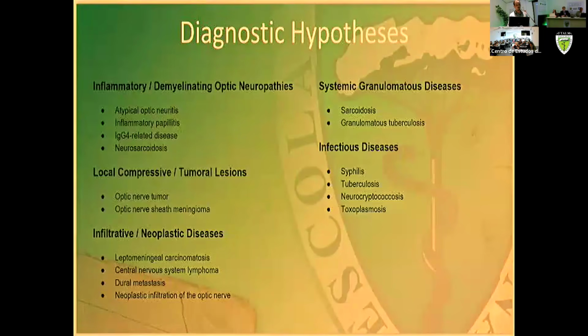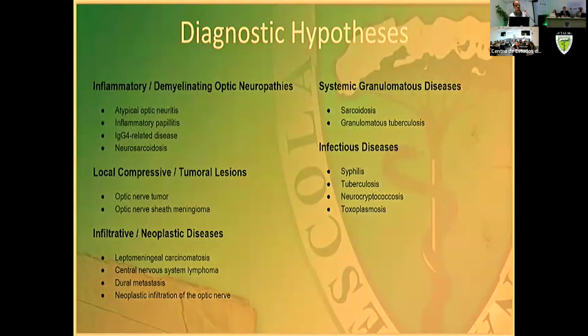So for our diagnostic hypotheses for this case, we have to think about a male of about 47 years with progressive visual loss of both eyes, with some alterations in the fundus and also a pupillary defect on the left eye.